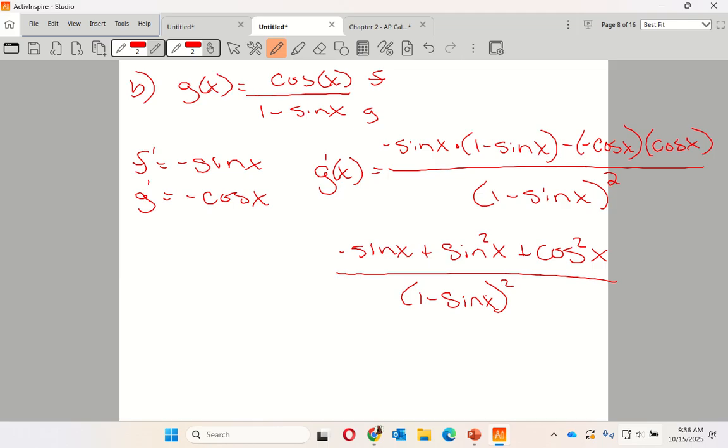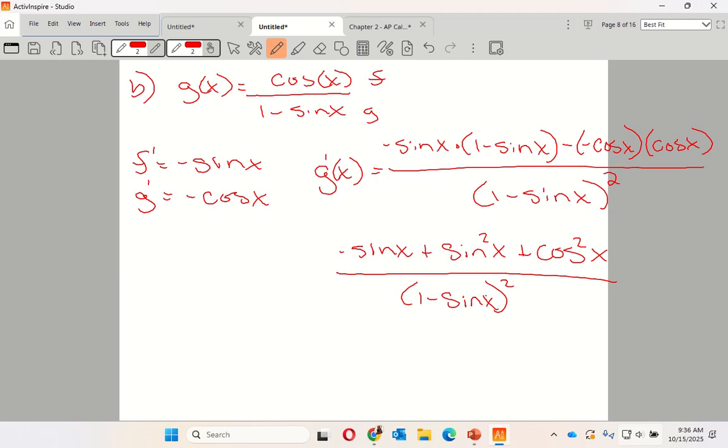Now, what is the one thing that everyone forgets about trigonometric identities? There's always one thing that everyone forgets. You mean squared, not 2x. That means something different. So sine squared plus cosine squared gives you 1. That is the one thing that everyone forgets.